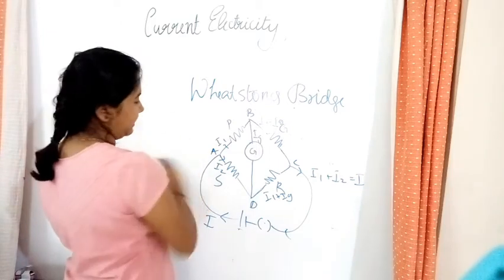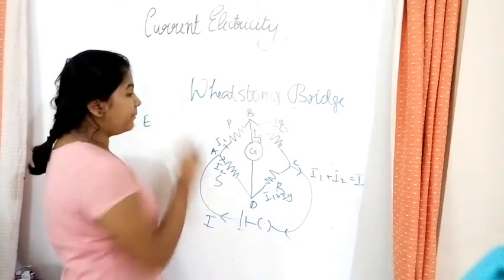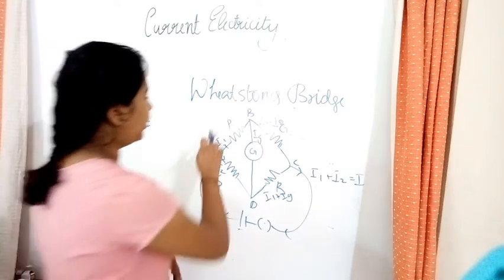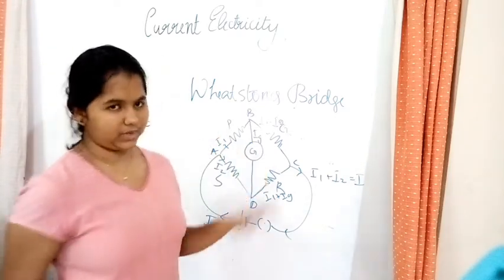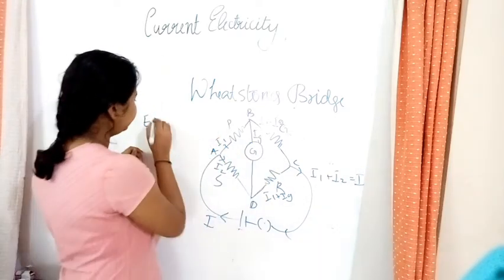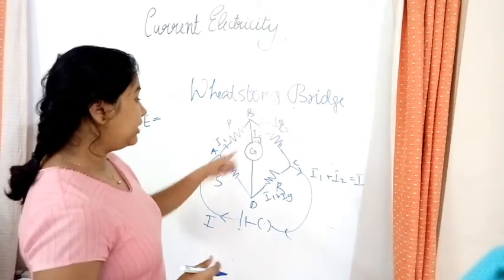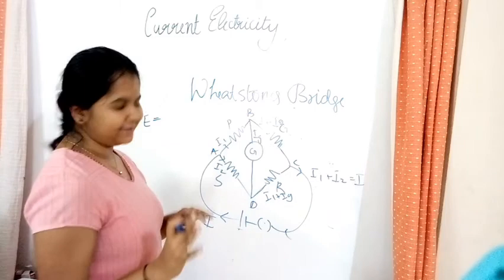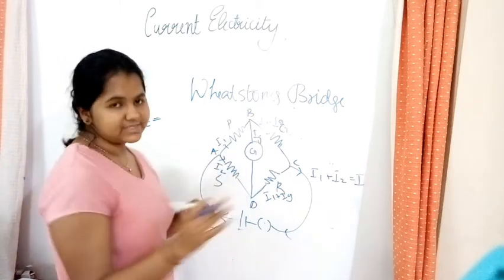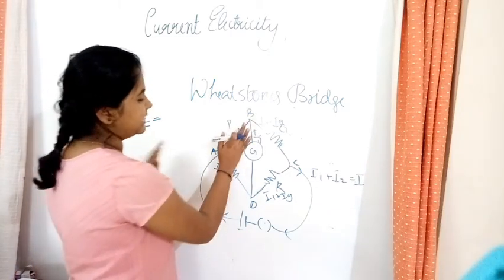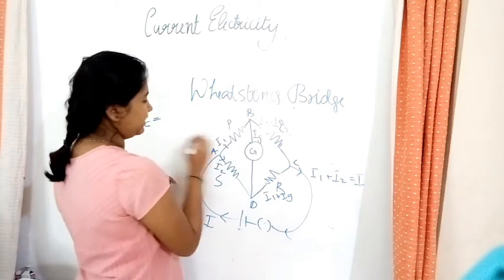What is the EMF of that? How many resistances are there? 1, 2 and 3. Okay, 3 of them are there. But what is the current passing through? There are only 2 of them. First we'll take the case of P. For P, what is the current?